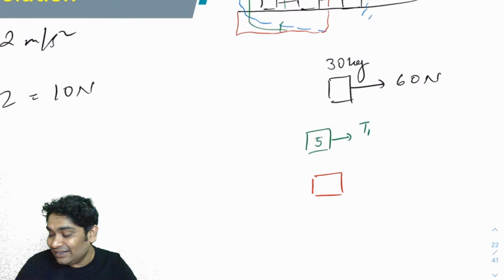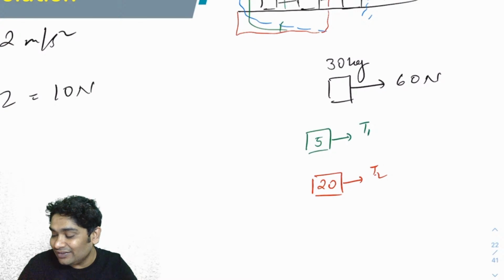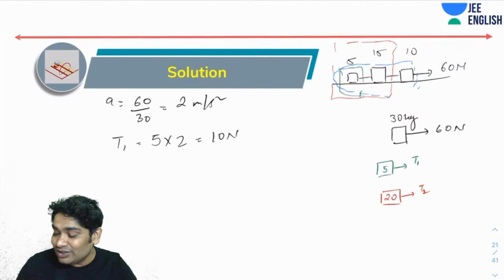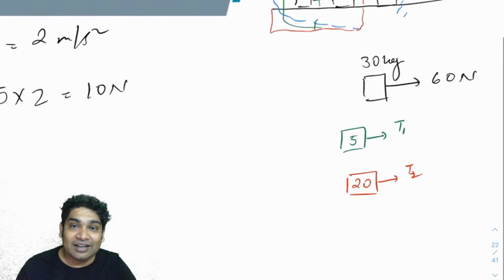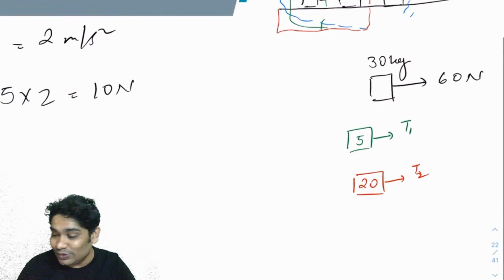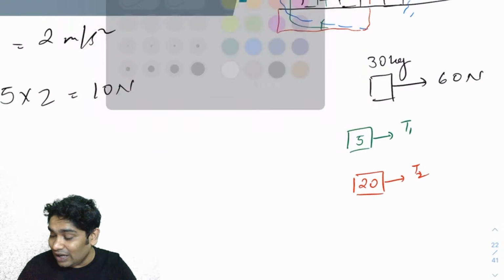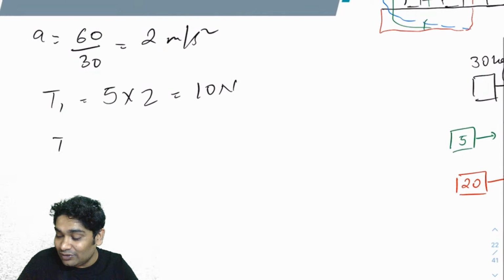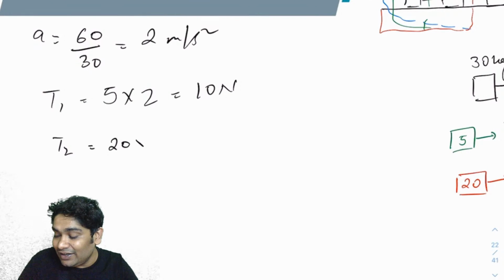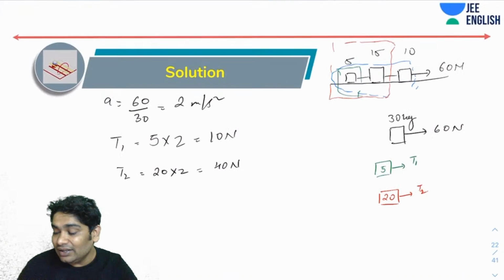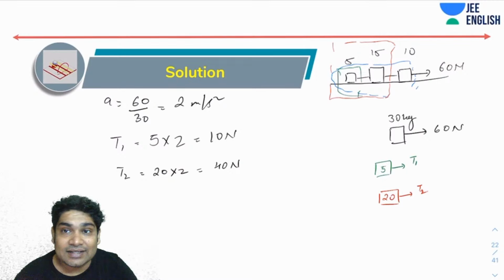Now I see a 20 kg block which is feeling a force T2. Alright, I hope you can see that. So this entire 20 kg is feeling a force of tension, which is T2. So now T2 would be equal to 20 into 2, which is 40 Newton. So there you have all the answers in single lines.